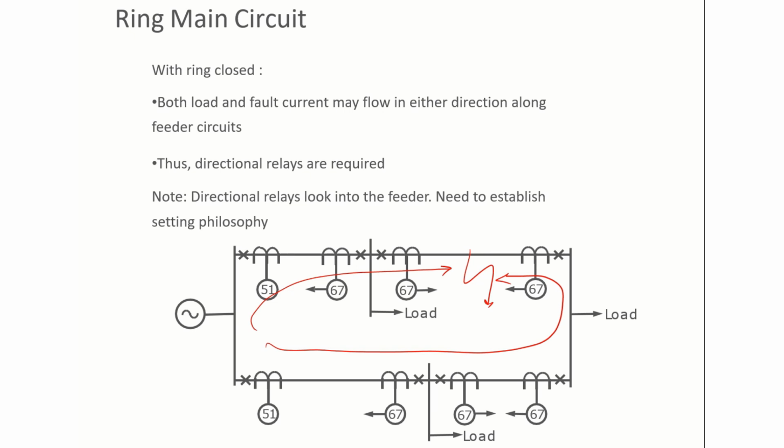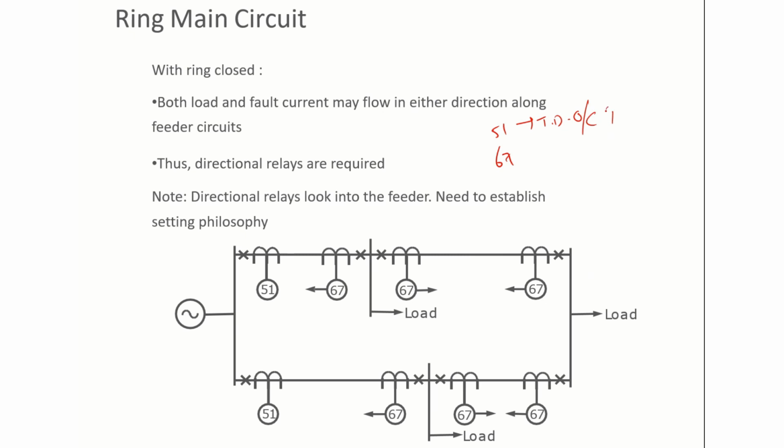Again, if you see, there are two different numbers, 51 and 67, both are overcurrent. 51 is time delayed overcurrent protection, and this is basically non-directional. This 67 is directional overcurrent protection.